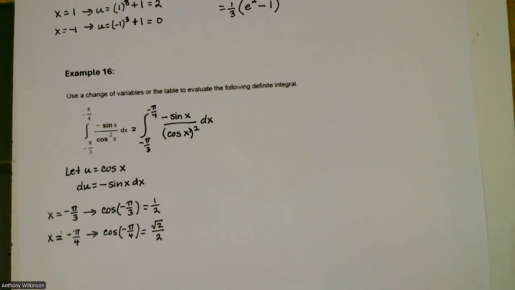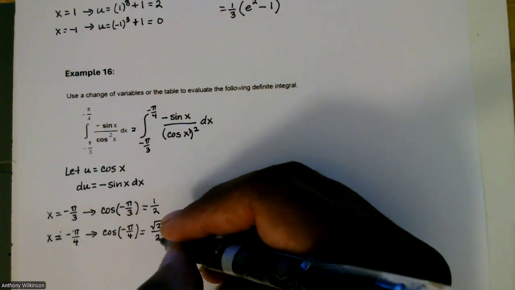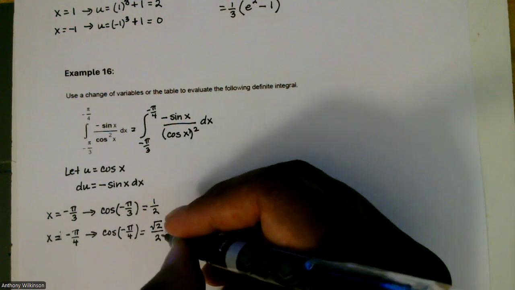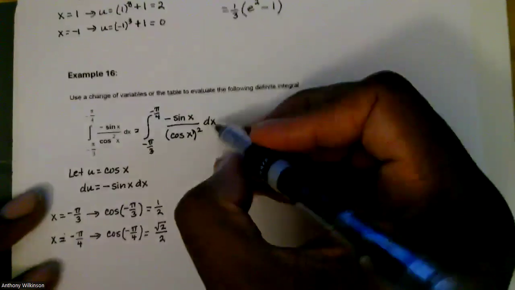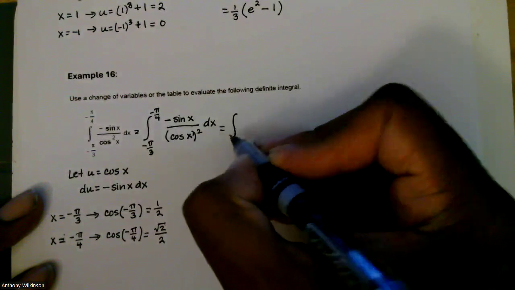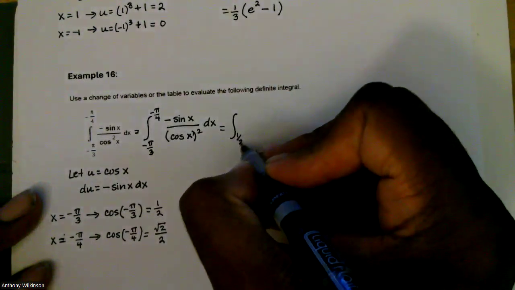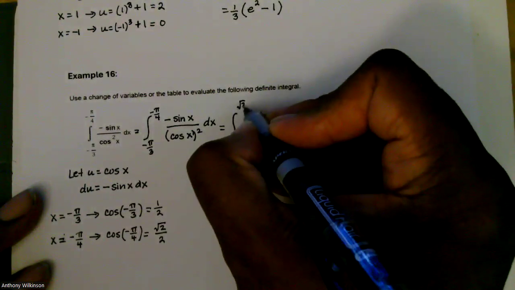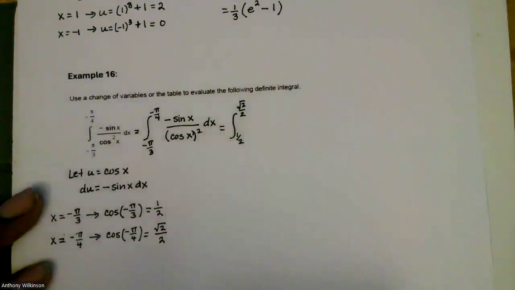Refer to the unit circle back in section 1.4 for the values of your trigonometric functions here. So this will be your lower limit, and this will be your upper limit, from 1/2 to square root of 2 over 2. So I have here the integral from 1/2 to the square root of 2 over 2.